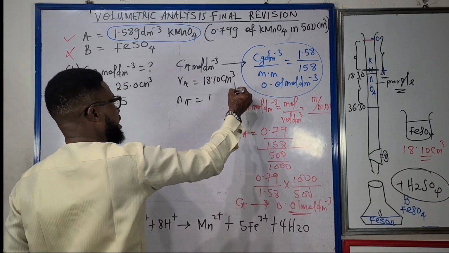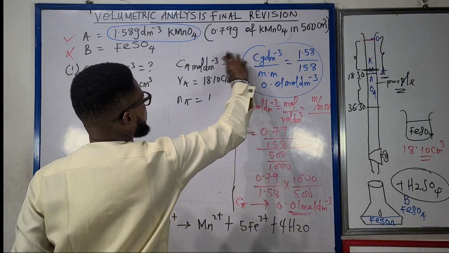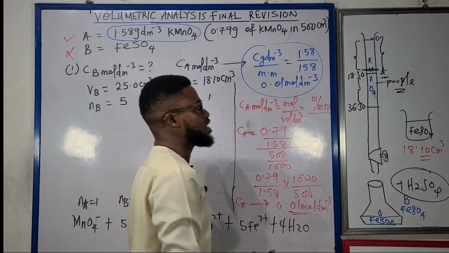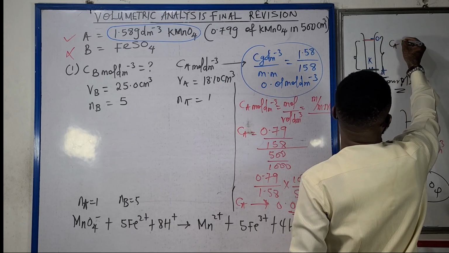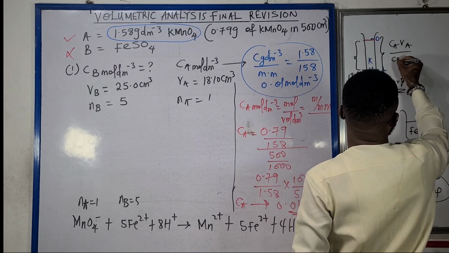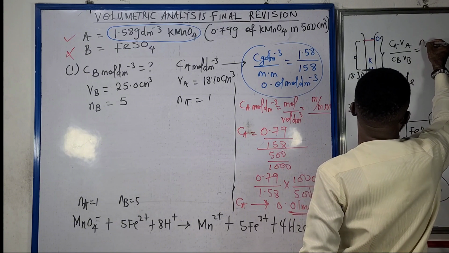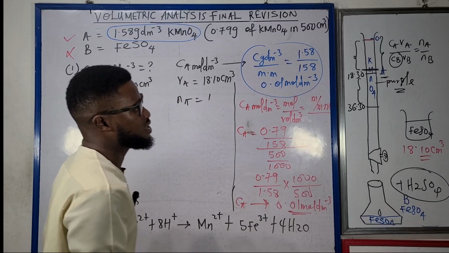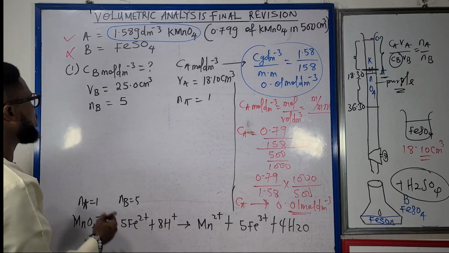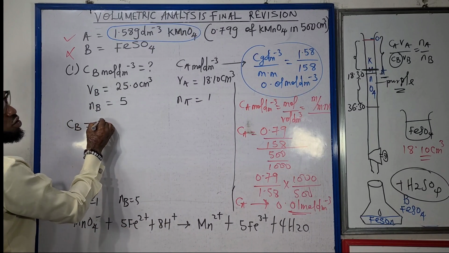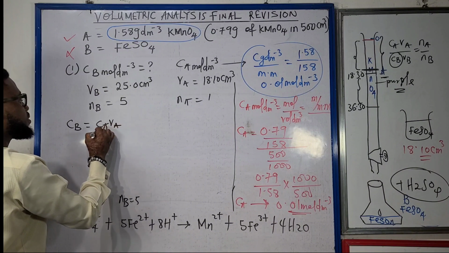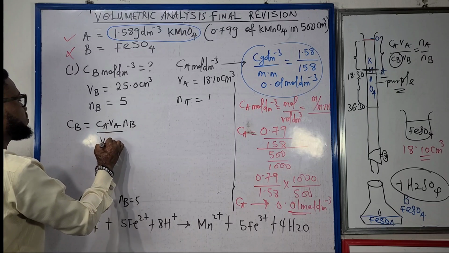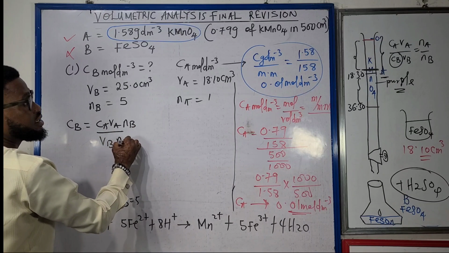So I have done that to get our Ca. We can then come here, the usual formula is Ca Va over Cb Vb equals Na over Nb. Since we are looking for Cb, we make Cb the subject. Cb equals Ca Va Nb divided by Vb Na.